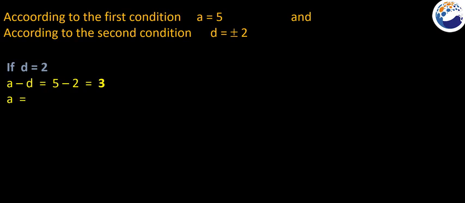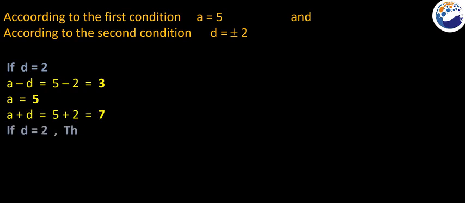According to the first condition, we get a is equal to 5. According to the second condition, we get d is equal to plus or minus 2. Now, if d is equal to 2, then a minus d is equal to 5 minus 2 is equal to 3, a is equal to 5, a plus d is equal to 5 plus 2 is equal to 7.